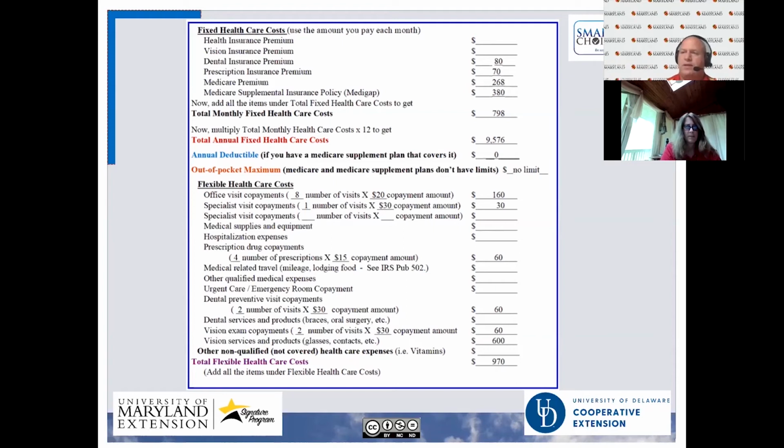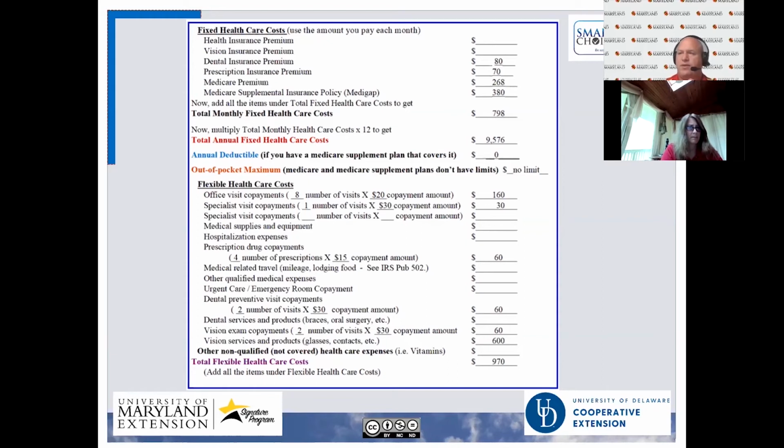So the regular office visits, there's 8, $20 for each. That gives you a total of $160. The specialist, there's 1 visit with a $30 copayment, so that's $30. When it comes to prescriptions, you're going to have to fill that prescription 4 times a year at $15 a piece. That gives you $60. And you have your dental preventive visits.